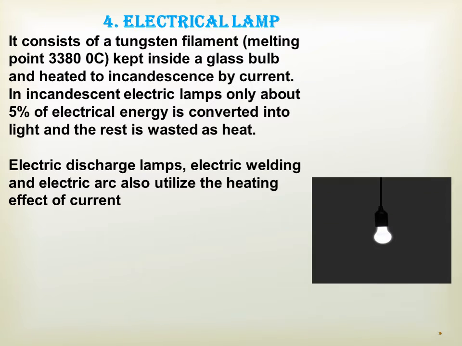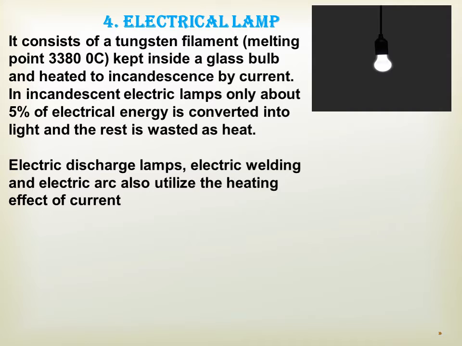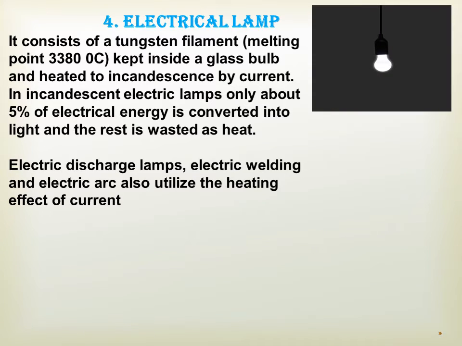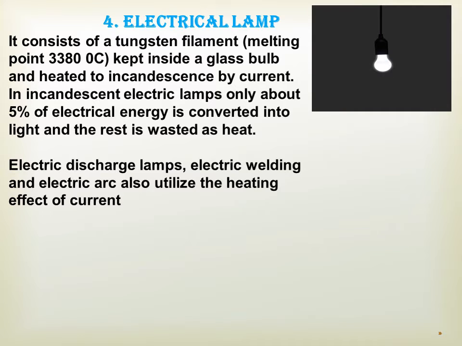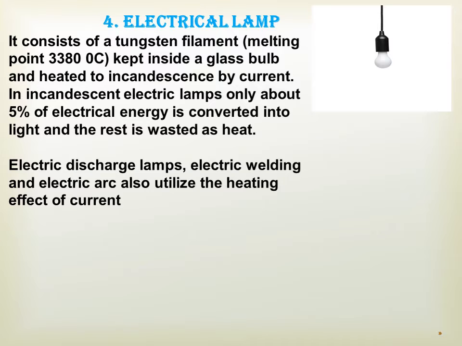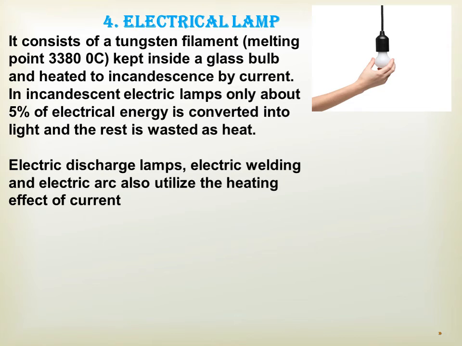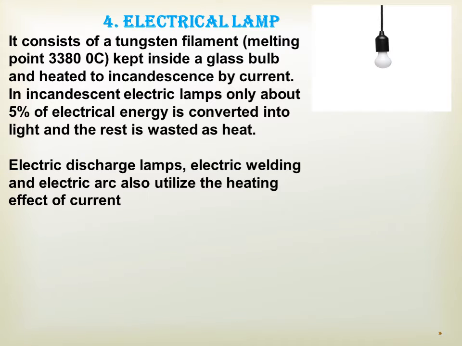Next one, electrical lamp. Electrical lamps consist of a tungsten filament. The melting point of tungsten is 3380 degrees Celsius, which is very high. Tungsten is a very thin material, and the filament is kept inside a glass bulb and heated to incandescence by current.